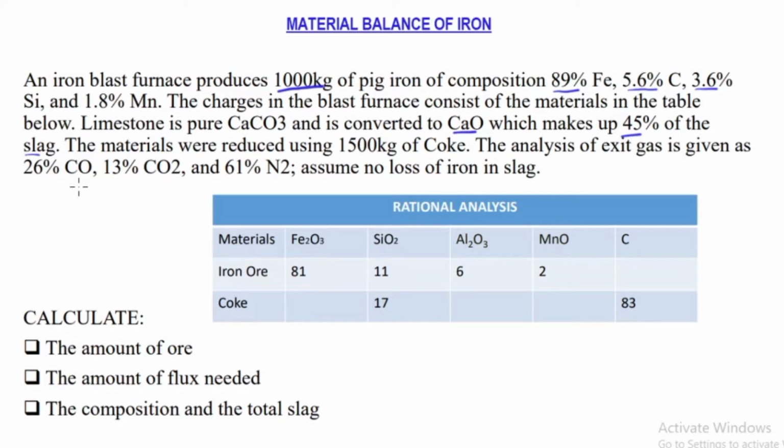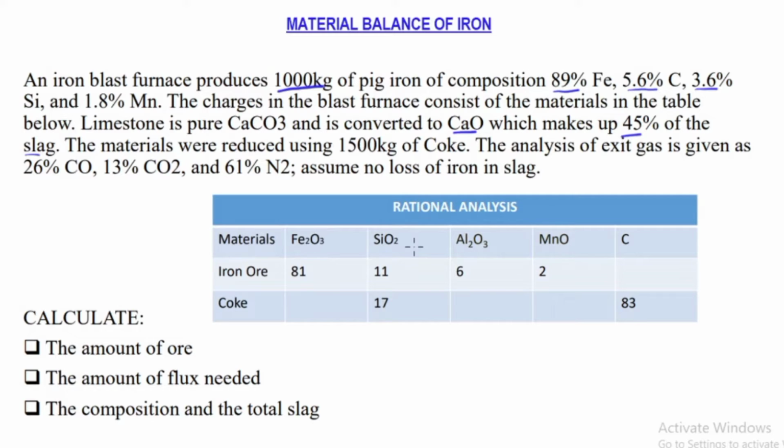Sometimes the table will not be prepared for you, and you need to do it. So we have the hematite there, and the rest forms the slag. We have the silicate, the alumina, and the manganese oxide. In this case, we have iron or coke.